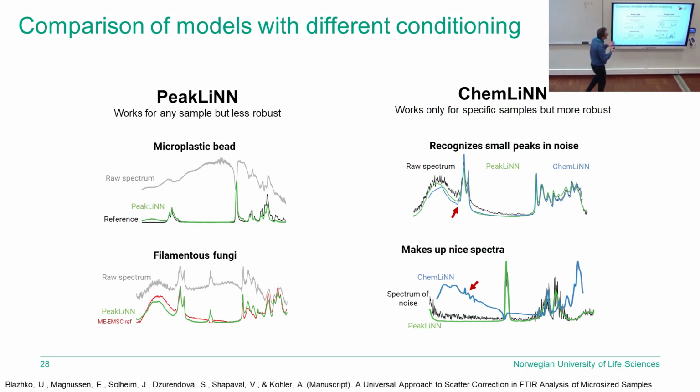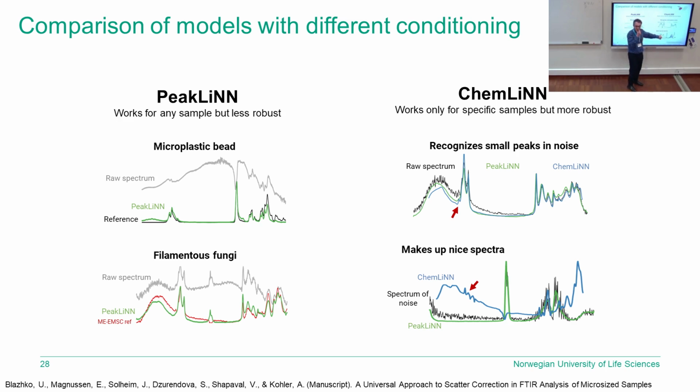If you look at these different neural networks, there's something which I could call deep fake spectra. You see, for example, this neural network, which is trained on chemistry, on different data sets from fungi, etc. When I have a spectrum which is basically only noise, it would make up a spectrum.